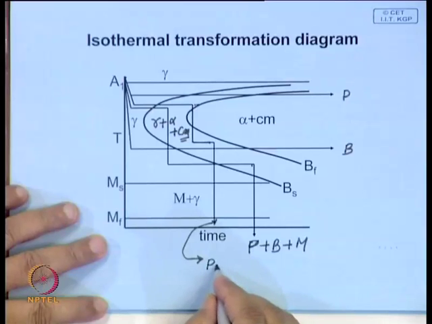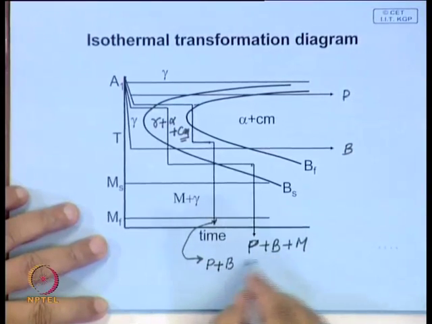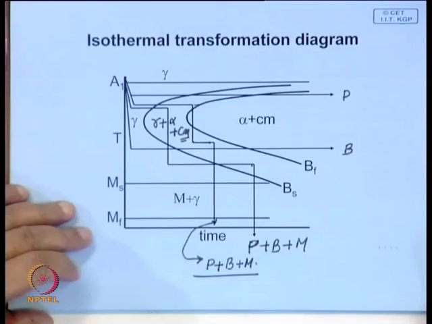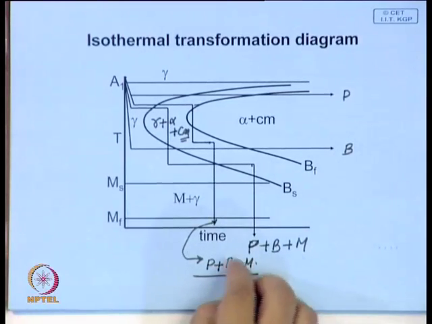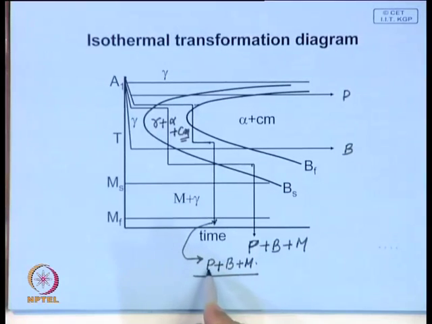So, here also you will get maybe different amounts, no doubt, from this particular case, but here also you will get 3 different types of microstructure. So, the total microstructure will be a composite microstructure consisting of Pearlite, Bainite and Martensite.